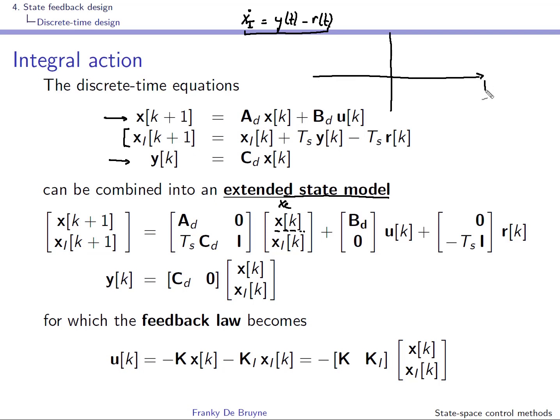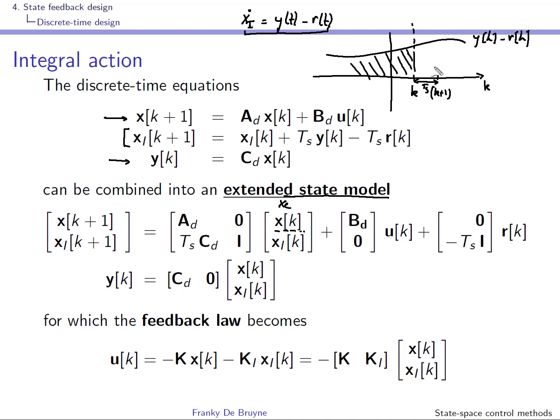So now you'll have k over here, and this will be y of k minus r of k, and assume that you've computed the integral of this signal up to time kTs, right? So you have obtained this thing here, and that you need to obtain the output of the integral in time k plus 1 Ts. So this is Ts.